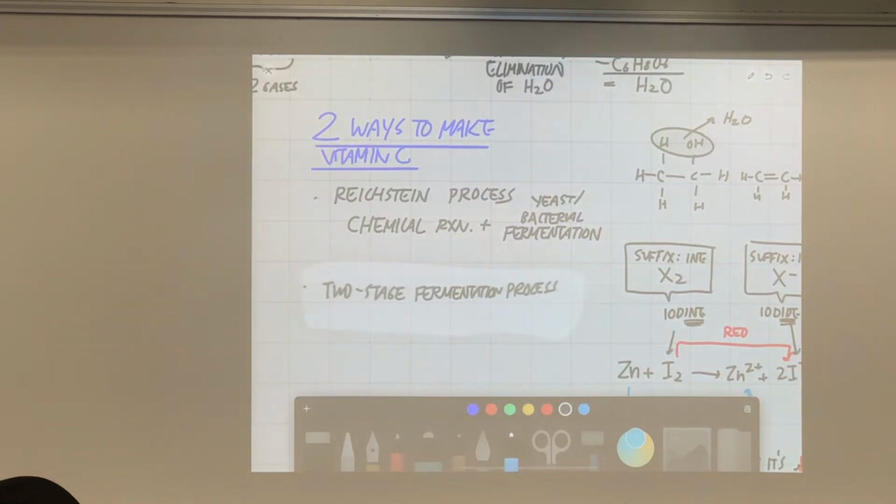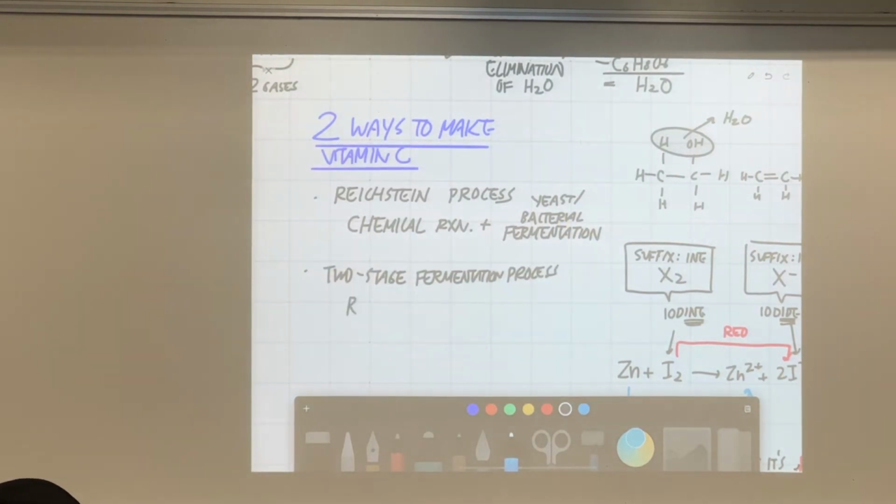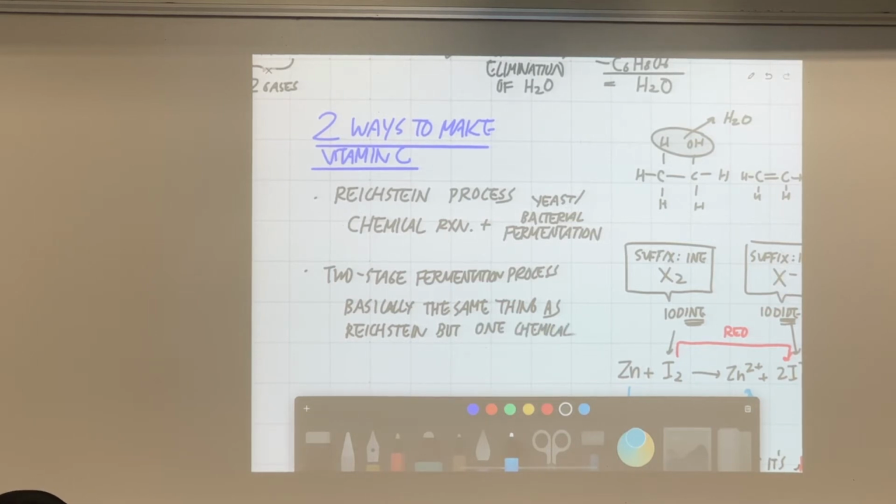While the two-stage fermentation is basically the same thing as the Richstein process, one chemical step is replaced by fermentation.